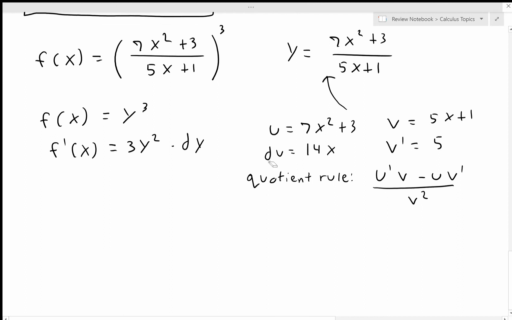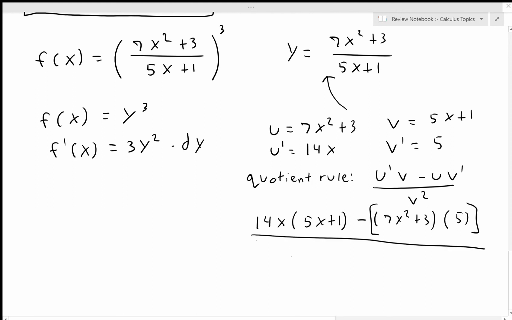I'll even switch this du to u prime, just getting used to that. So plugging things in, 14x times v, 5x plus 1, minus u, 7x squared plus 3, times 5, over v squared, 5x plus 1 squared.